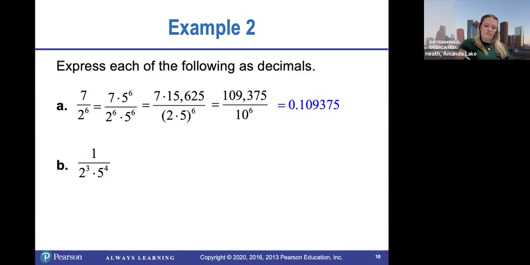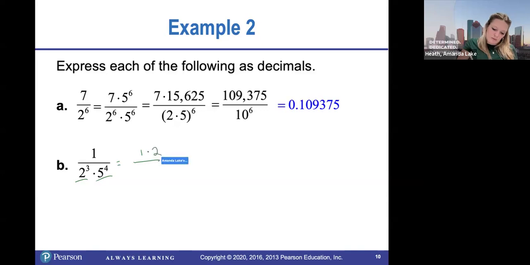Now on the bottom example B, I have 3 powers of 2 and 4 powers of 5. So to make this in tenths, I can multiply both the numerator and the denominator by 1 more power of 2.